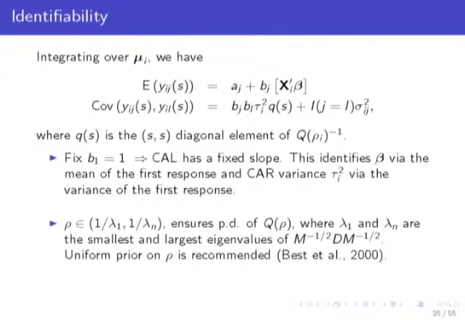Now again, there are issues with rho, because rho has to lie in between that interval. Lambda 1 and lambda 2 are the smallest and largest eigenvalues of this decomposition. If it falls outside, there will be issues with inverting the matrix when you assume the CAR structure. Best et al. recommend a uniform prior on rho.